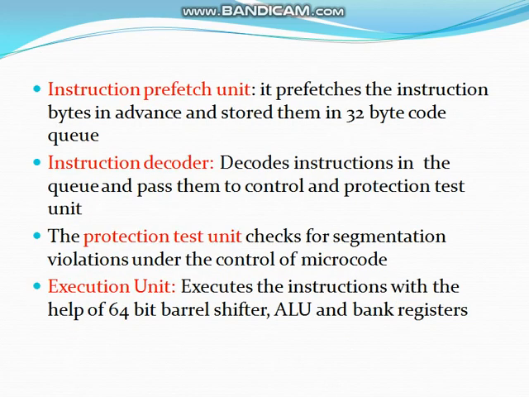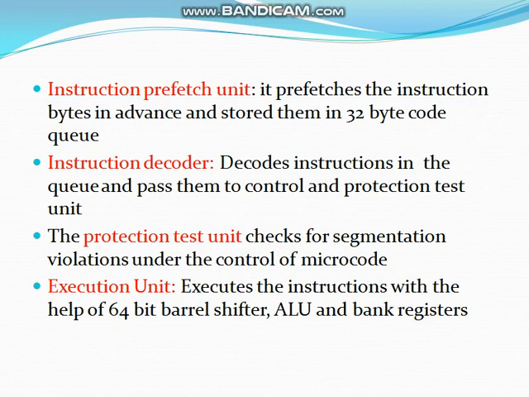The instruction fetch unit fetches the instruction bytes in advance and stores them in the 32-byte code queue. The instruction decoder decodes the instructions taken from the code queue and passes them to the control and protection test unit. The protection test unit checks segment violations under software control.